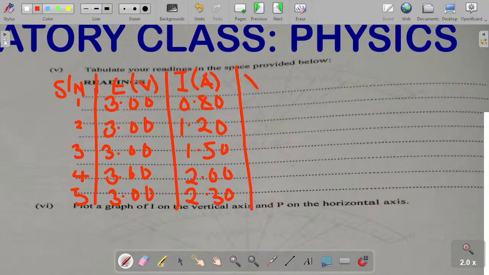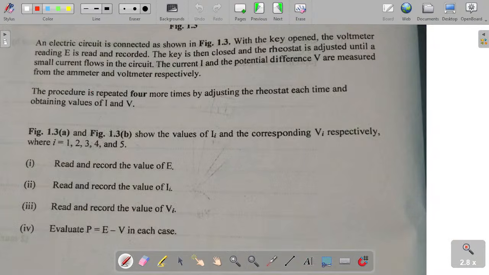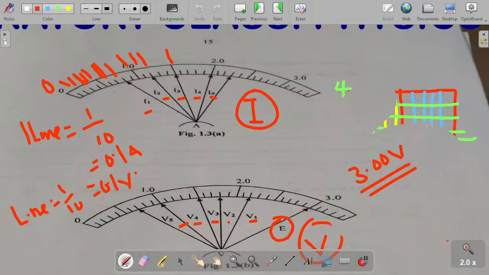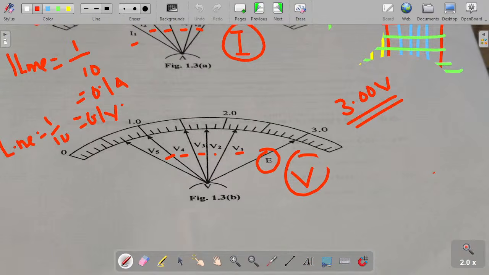On that basis, I also estimate the values of V in volts, based on the question requirements. We also have to record V, from the second diagram. From what we calculated, one line is also 0.1. V5 came first before V1, so the counting will start from V5.